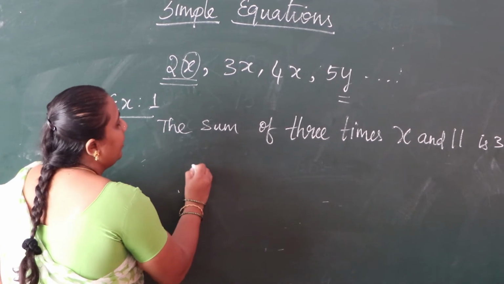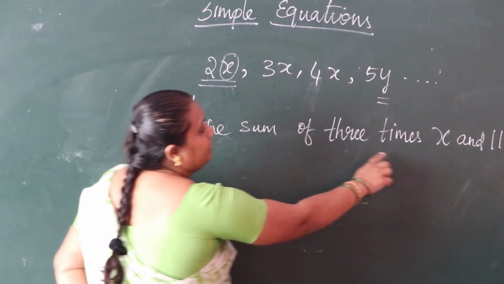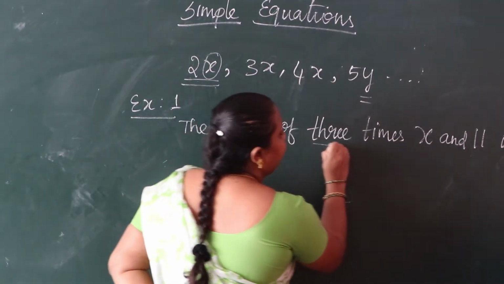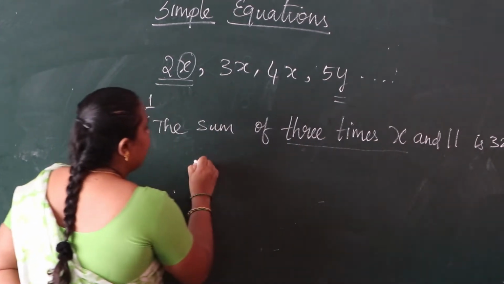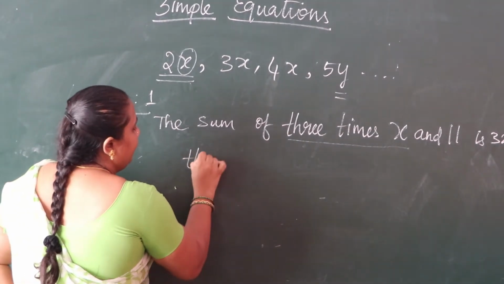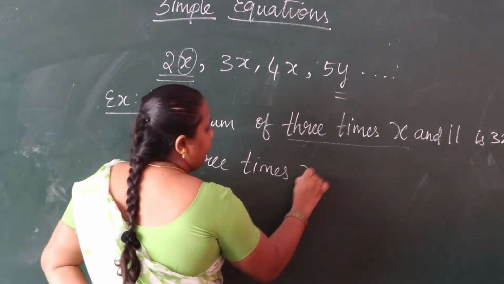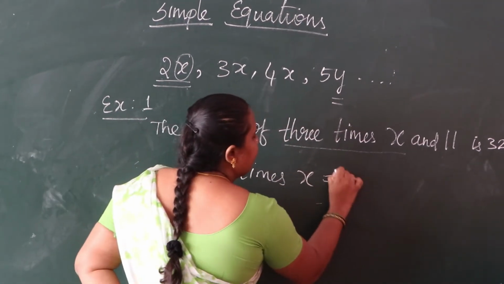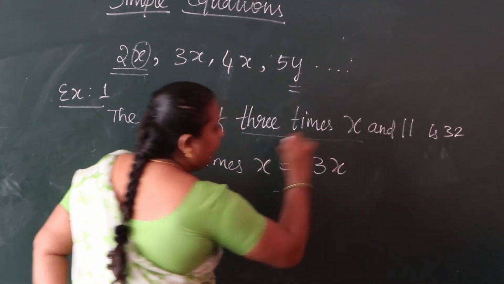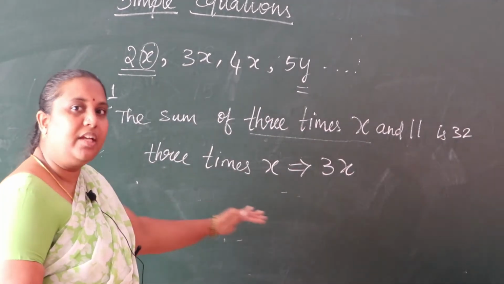We should take 3 times x first. 3 times x means 3x.